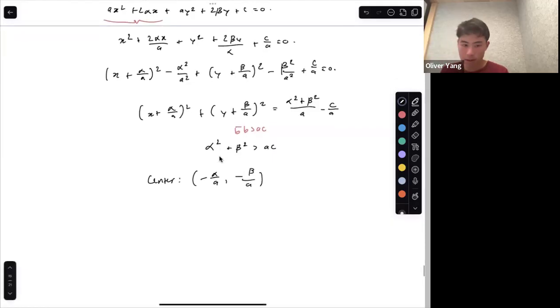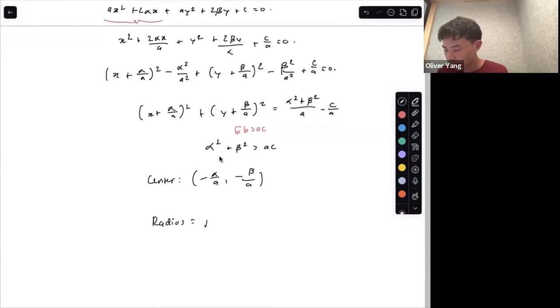And then our radius is the square root of that. But keep in mind that alpha squared plus beta squared must be bigger than ac. So we can sub it in. You don't have to sub it in. It's not that big of a deal.